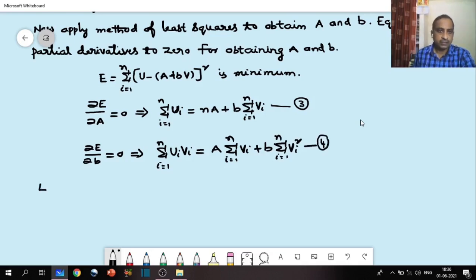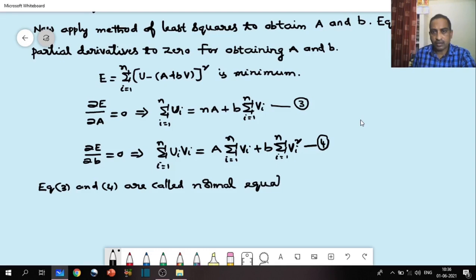So equations 3 and 4 are called normal equations to obtain A and b.